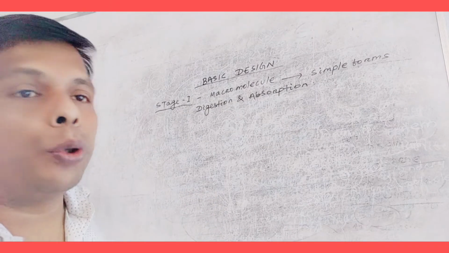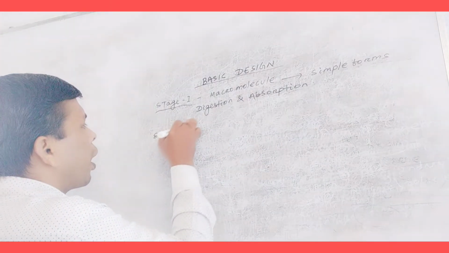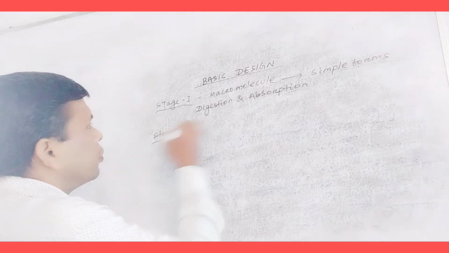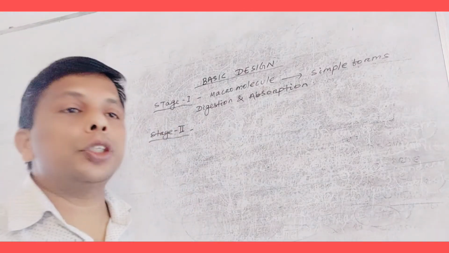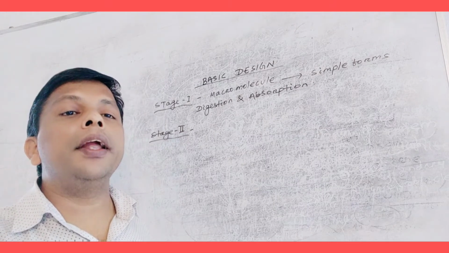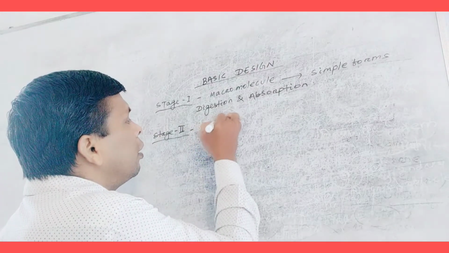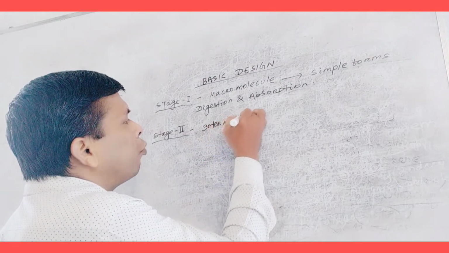Then come to stage 2. What happens in stage 2? It is the intermediate metabolism process called intermediary metabolism.